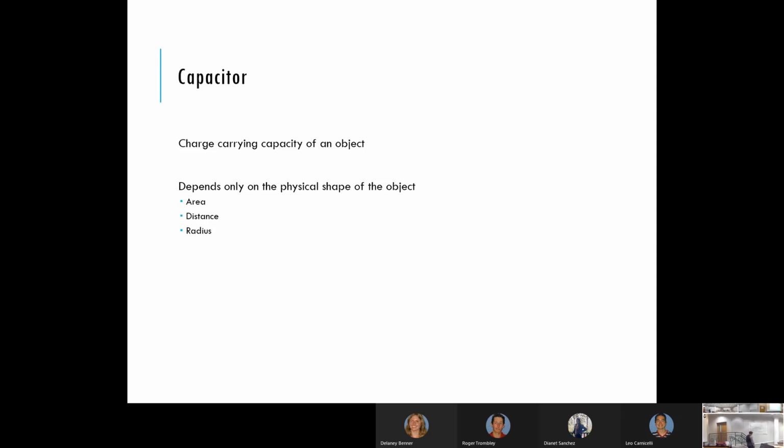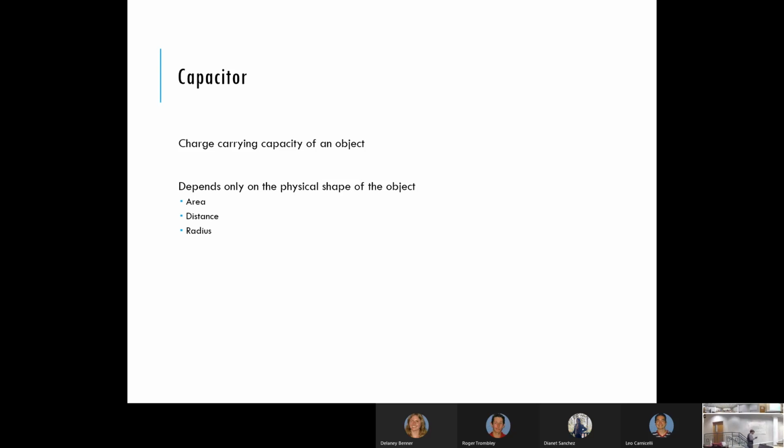I will emphasize here, and especially in the treatment for this class, the ability of an object to maintain charge, or to hang on to charge, is solely what we call a geometric property. So if you're talking about the capacitance of your cell membrane, it only depends on the shape of the cell membrane and the geometry.